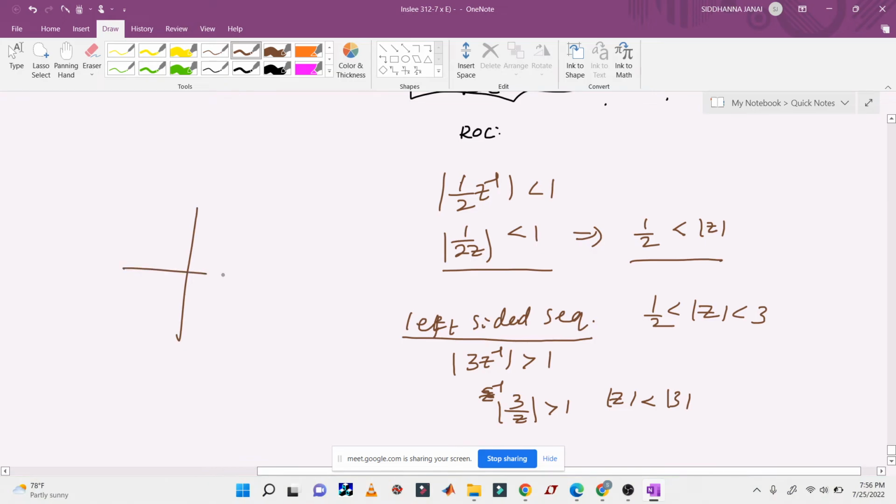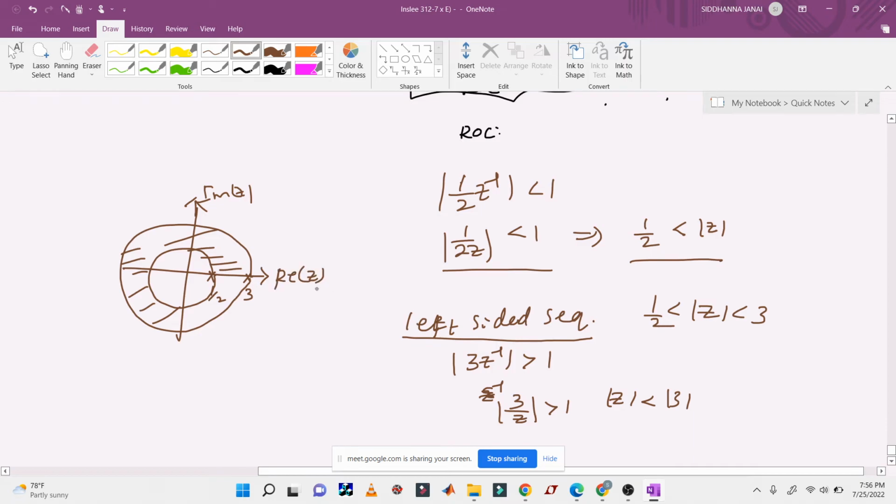So the plot is like this. There is a pole at 1 by 2. There is another pole at 3. So the ROC is between these two poles. This is our Z plane, imaginary part of Z, real part of Z. Okay, so this is for a right-sided sequence.